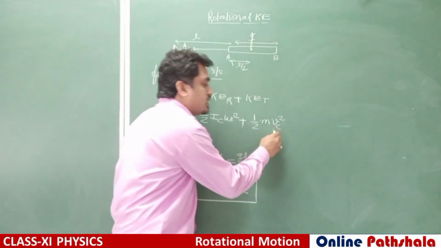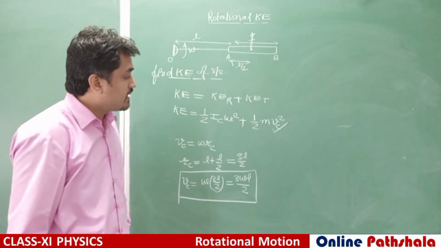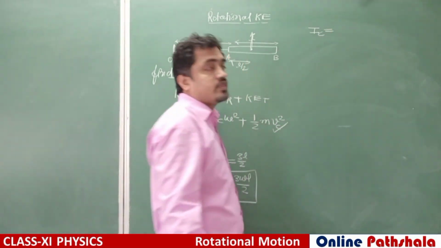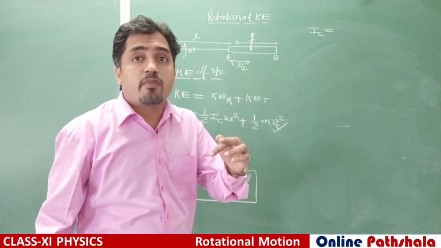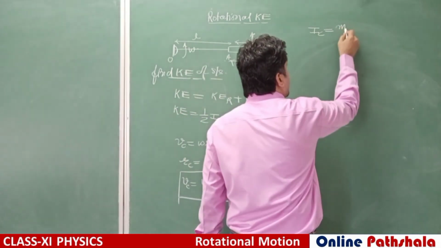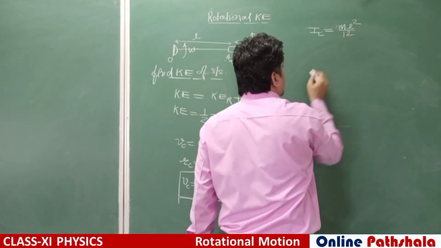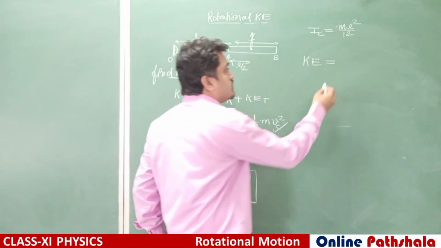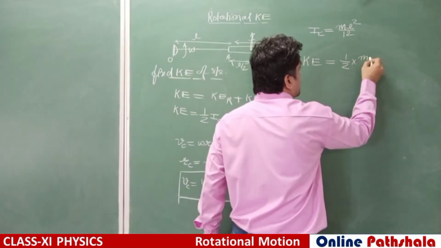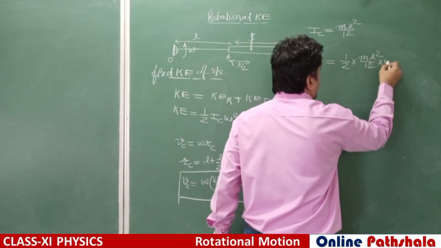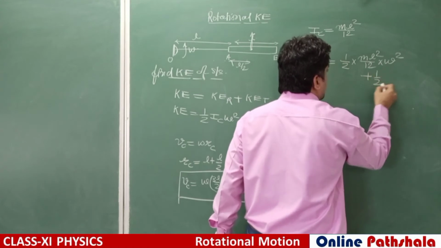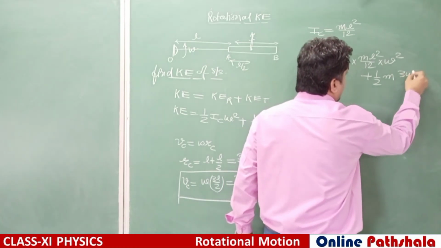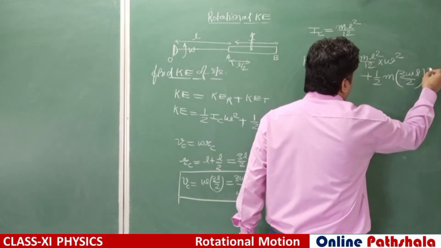Now, this Vc we have found. What about this Ic? The moment of inertia of any rod about its center of mass is mL square by 12. Now the total kinetic energy is 1 by 2 Ic, which is mL square by 12, into omega square, plus 1 by 2 m Vc square. What is Vc? It is 3 omega L by 2 whole square.